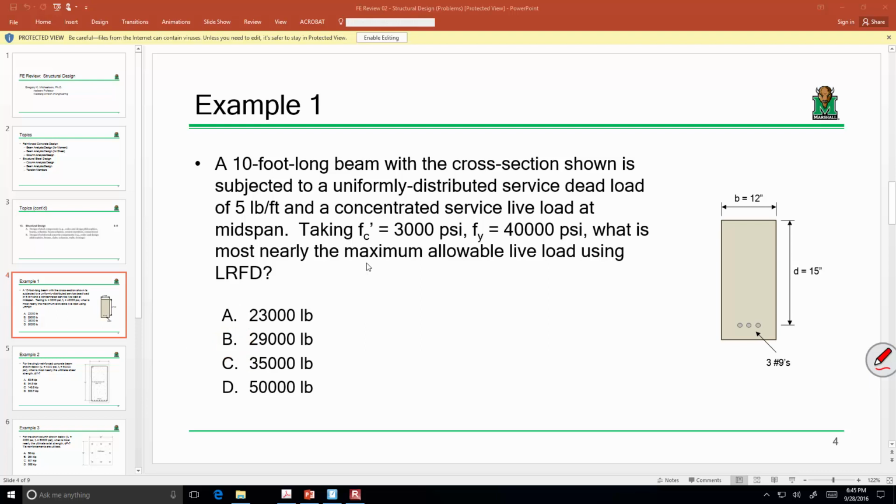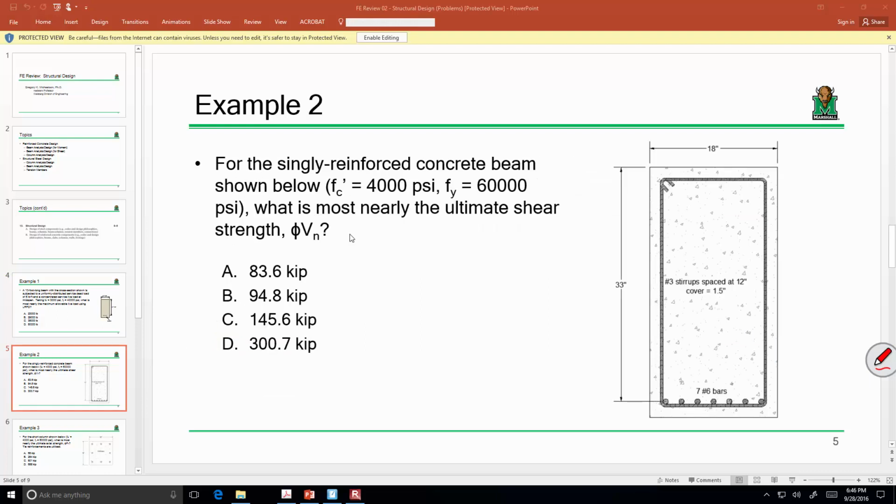Any questions? All right. Let's look at example 2 then. For the singly reinforced concrete beam shown below, what is most nearly the ultimate shear strength, phi(Vn)? We've got a width of 18 inches and an effective depth of 33 inches. Remember, when we're looking at shear capacity, we're more interested in our stirrups, those hoops that go around the reinforcement.